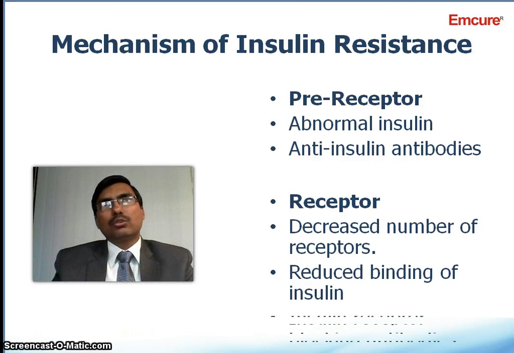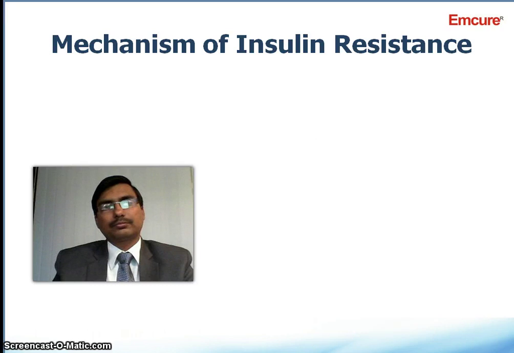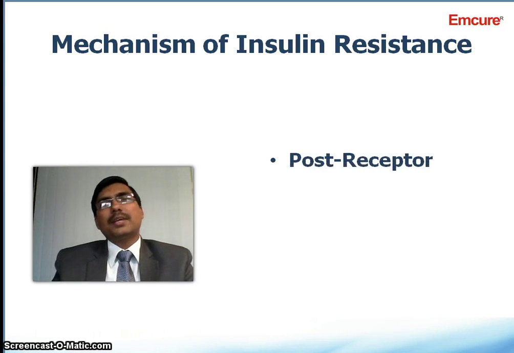The third reason could be insulin receptor blocking antibodies. Sometimes the body produces antibodies, the WBC produce antibodies which block the insulin receptor, and thereby insulin cannot come and bind with the insulin receptor, and thereby it cannot stimulate the insulin receptor. The next mechanism is post receptor.